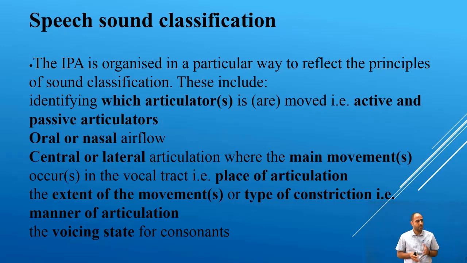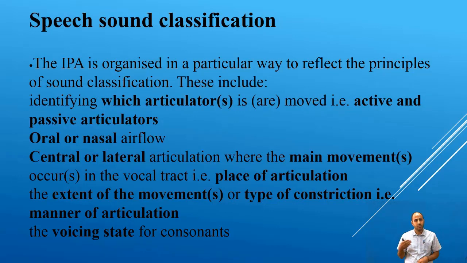This includes different items like identifying the articulators involved in the production of each single sound, mainly consonants. There need to be one active and one passive articulator, or organs of speech.